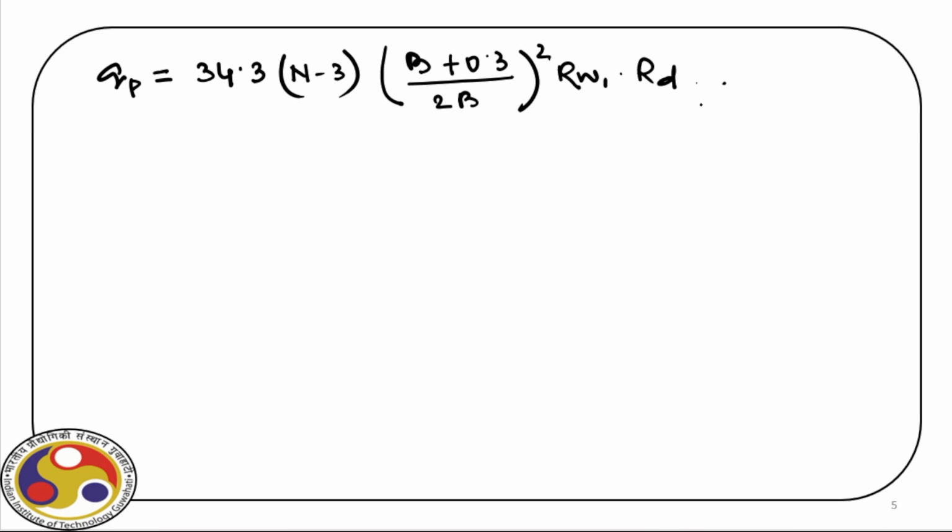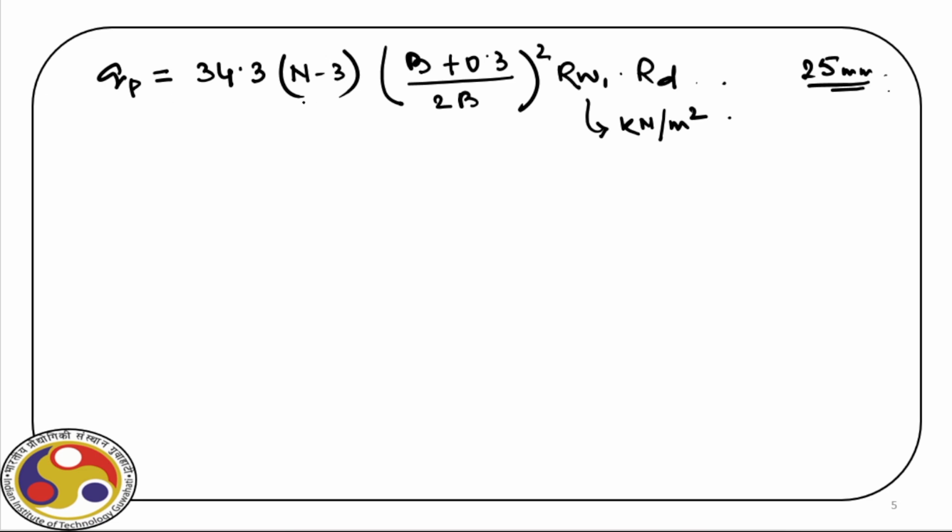Normally we have an allowable settlement of 25 millimeter. So that is the allowable settlement, and for that we find out the soil pressure corresponding to the settlement, which is in kilonewton per meter square.